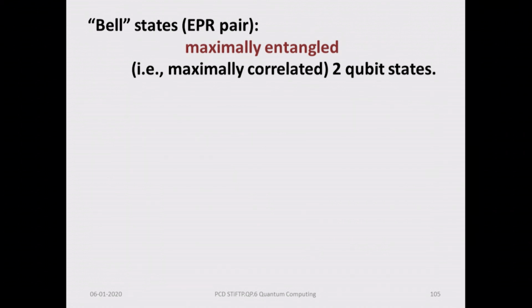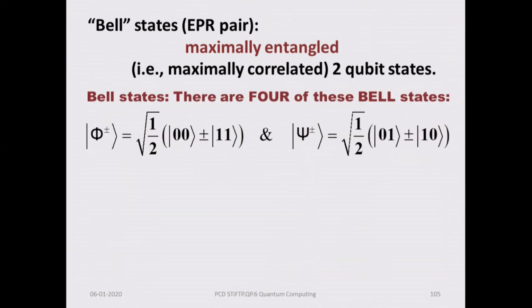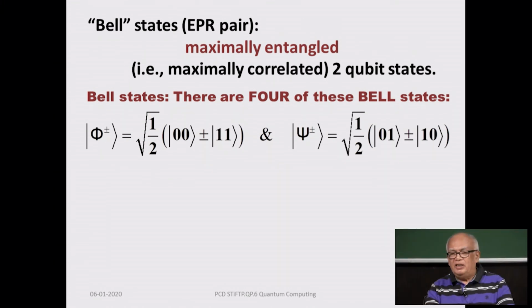So the Bell states are those which are maximally entangled, they are maximally correlated. These are 2-qubit states. You also have multi-qubit entangled states, but we will not get into those. The 2-qubit Bell states are hard enough, so let us stay with them for a while. All right? And there are 4 of these Bell states. We used 1.